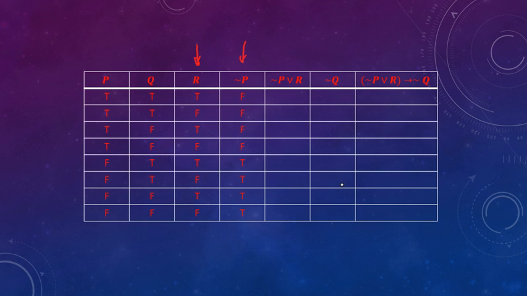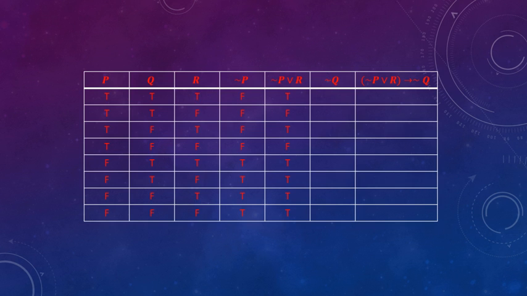As long as there's 1 T in that row, then your disjunction is true. So this is going to be true, false, true, false, and then true, true, true, and true, going all the way down. Because in each of these last 4 rows here, there is at least 1 T. So there is our column for the disjunction not P or R.